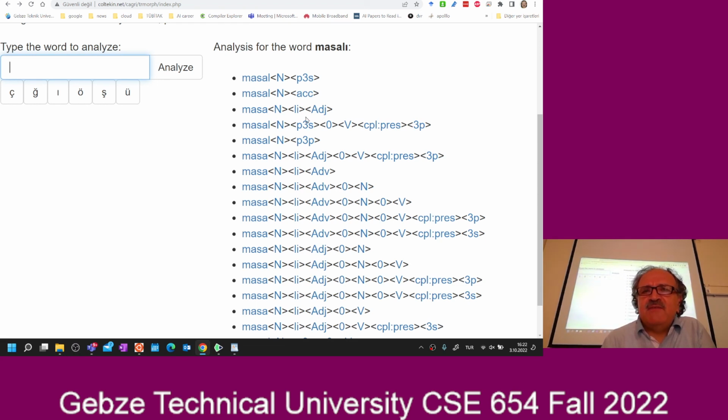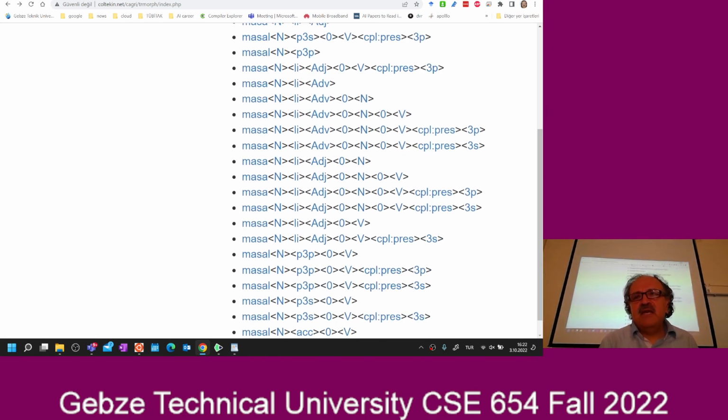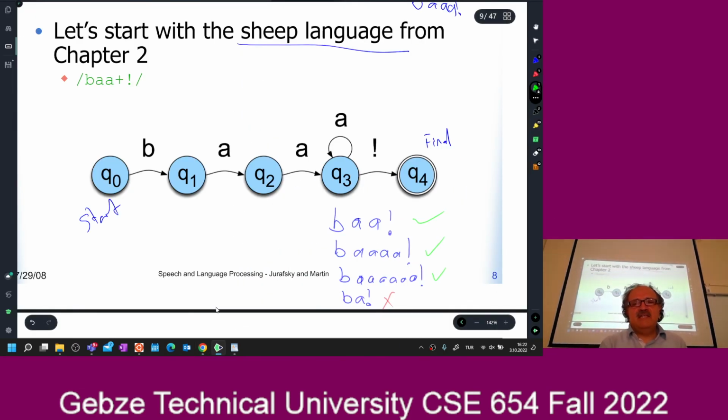See, this is adjective, -li, a suffix that makes a noun an adjective, right? Masalı ev, etc. Okay. So what I'm saying is that all of these results come from a finite state automata like this. A finite state automata like this, and we are going to see how it happens.